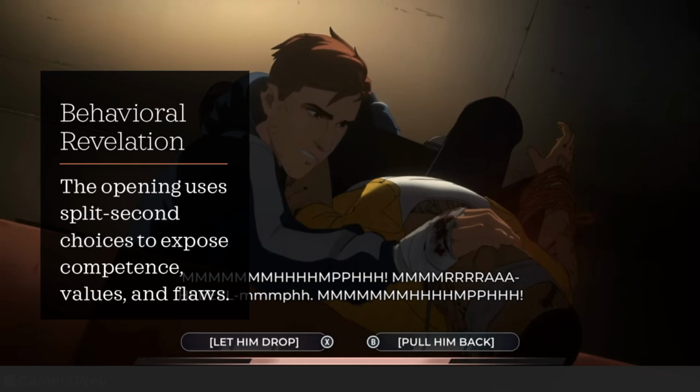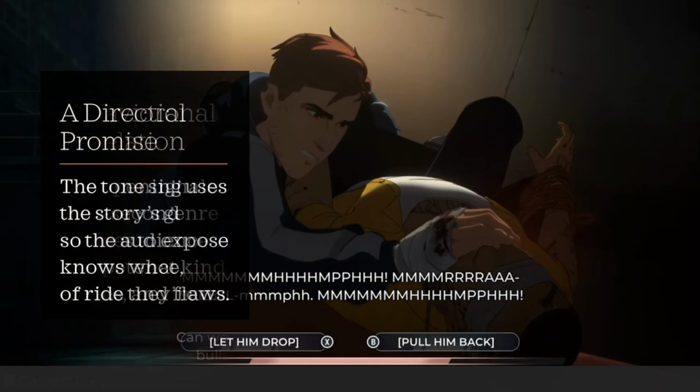In Dispatch, we get this immediately with how Robert handles the interrogation. The player shapes if Robert is someone who would drop the henchman or not, but regardless of if he is dropped, there's a mattress beneath to cushion the fall that Robert set out. We know he does prioritize keeping people alive, even if he can get ruthless. We also see how he can keep his wits about him overall based on how he handles everything.